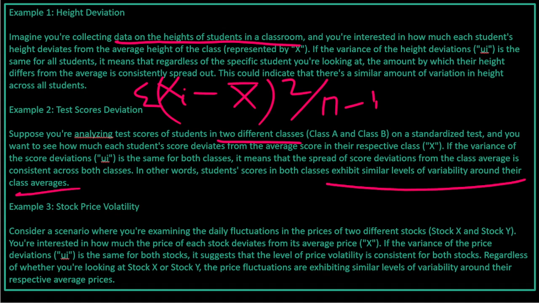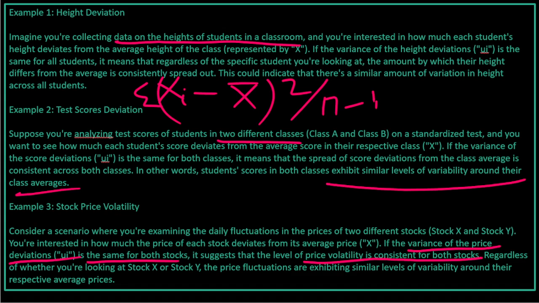If the variance of the price deviations, that is, how much the price of the stock deviates from the mean, is the same for both stocks, then there is an equal level of variance and the price volatility is consistent for both stocks. These are the examples of homoscedasticity.